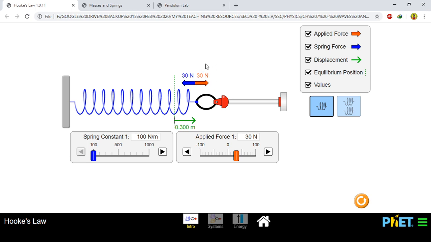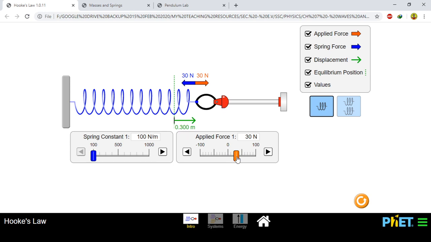So the spring has produced a restoring force that is indicated by the blue colored 30 newton force. So we have applied 30 newton force, orange colored, and as a result the spring has also produced a restoring force of 30 newton, blue colored, and we see there is a displacement of 30 centimeters.